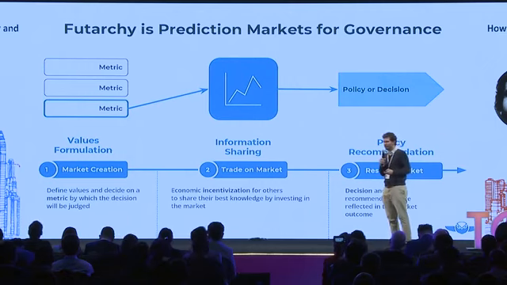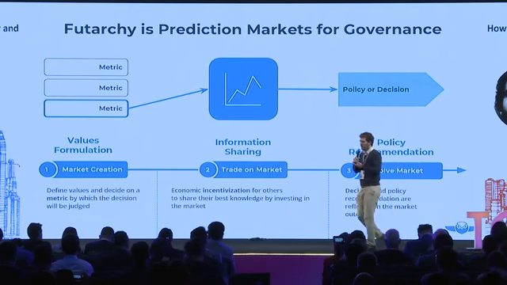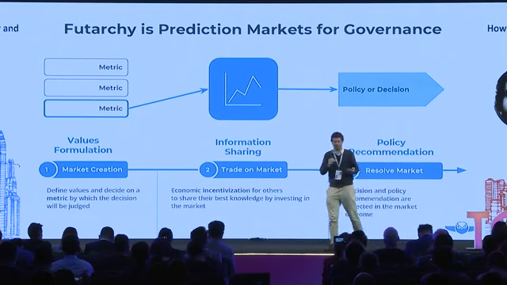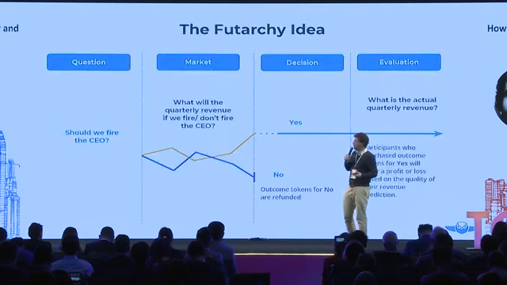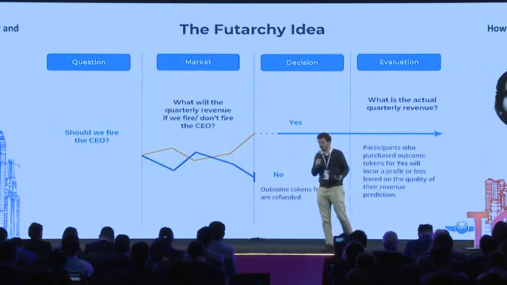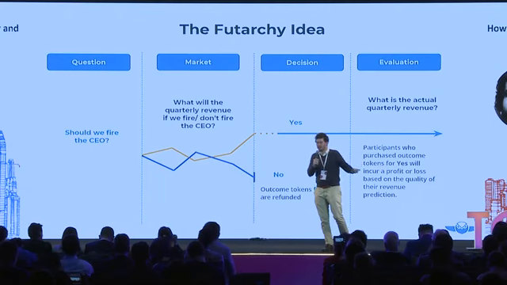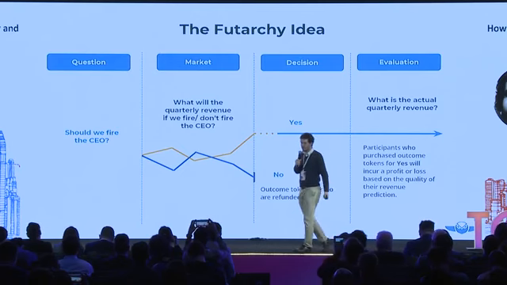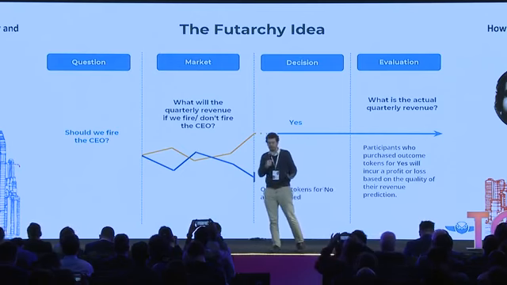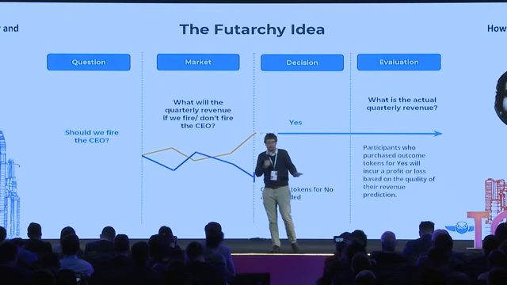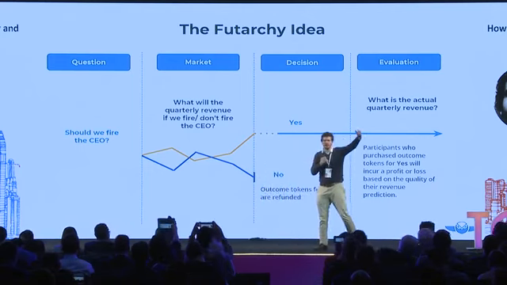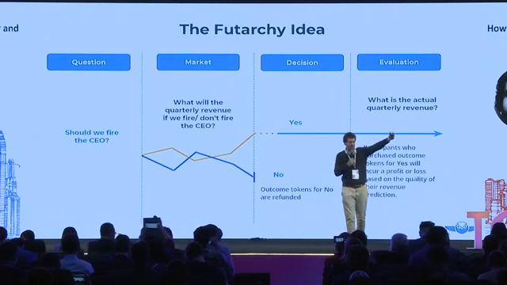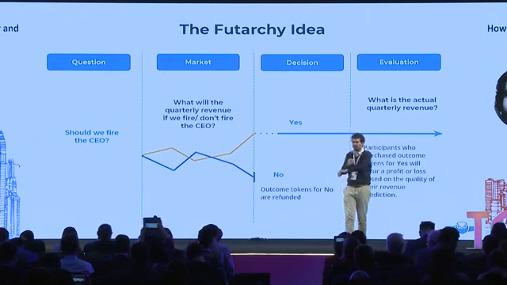And now, in the second step, you make different proposals, and then you use, again, those conditional markets. So I will walk you here through an example. In this case, the question could be, should we fire the CEO? And the metric would be, what will be the revenue? And you create conditional markets. What will be the revenue under the condition we fire the CEO, or under the condition we don't?